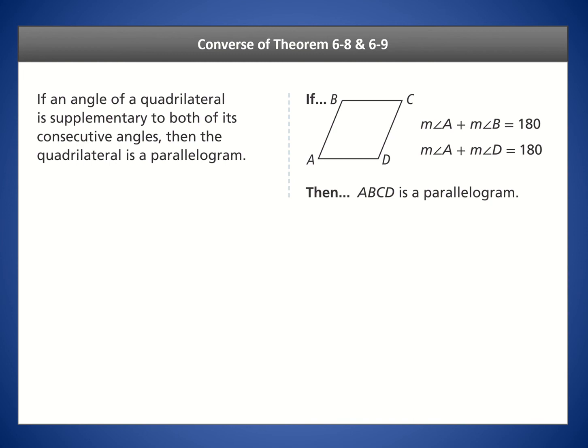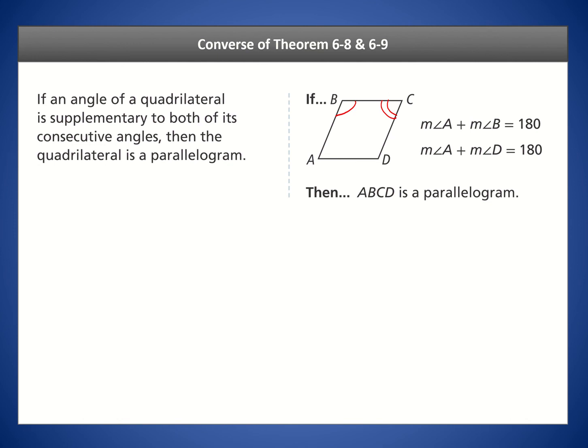We're going to look at another theorem of parallelograms. And this one is the converse of theorem 6.8, which was a theorem that we talked about in lesson 6.3, which stated that if you have consecutive interior angles, which are angles that are next to each other back to back, then they're supplementary.